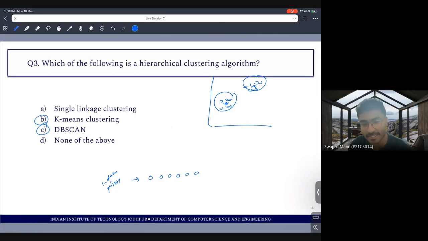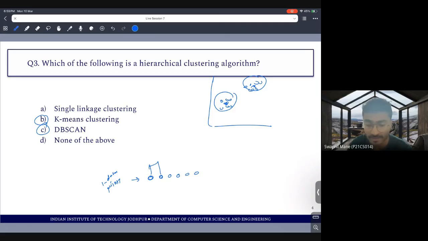Distance means you can take a Euclidean distance or cosine similarity distance. Let's take Euclidean distance, and try to get the distance between this point and this point. As of now, these are single data points, each considered one cluster, so you can easily find the distance.